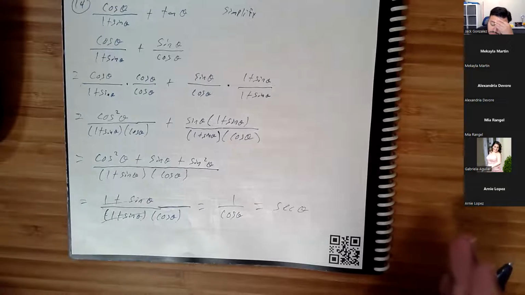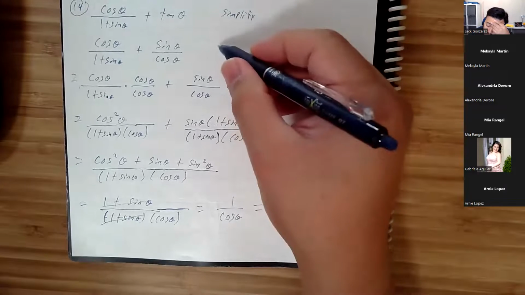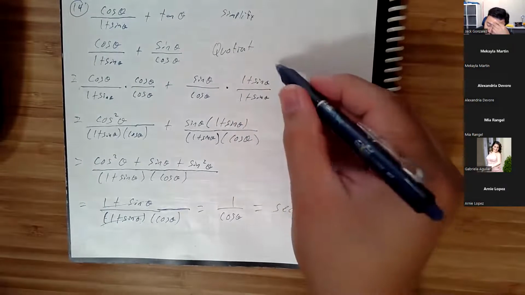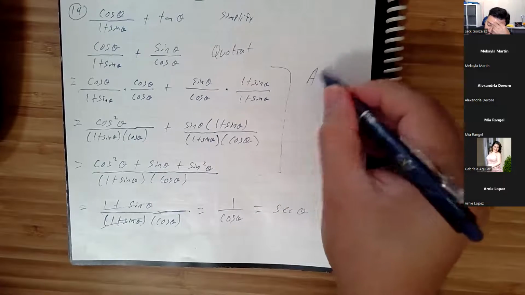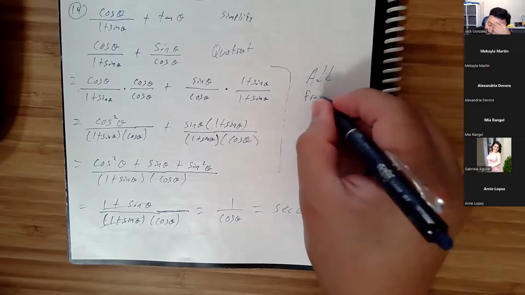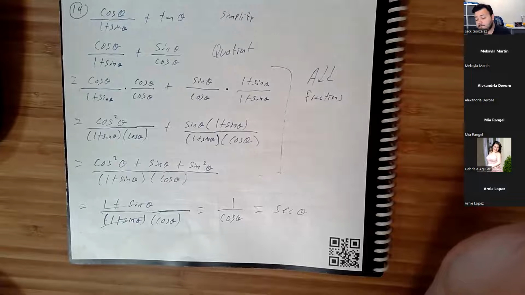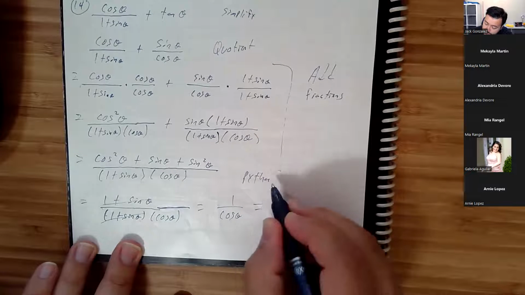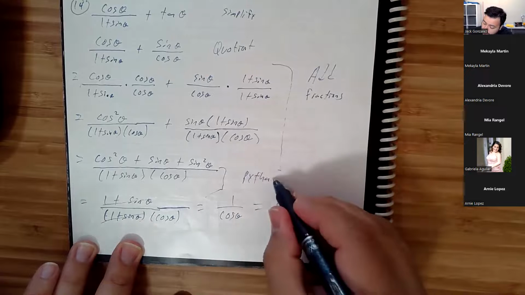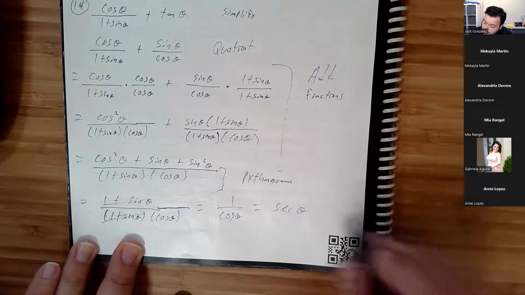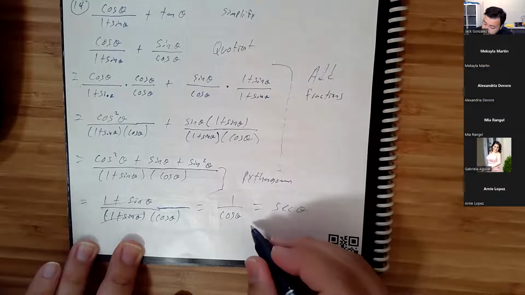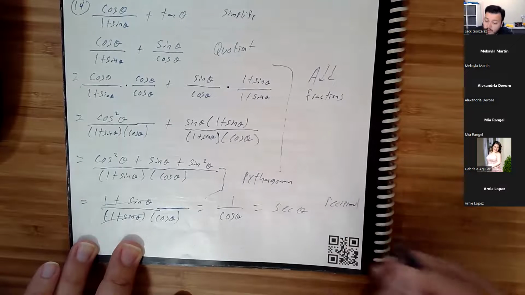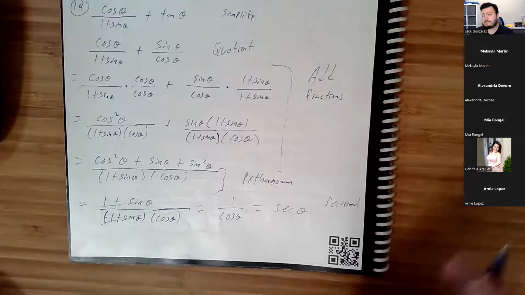Okay, so I didn't write the properties this time. Here we did quotient. Here we just add fractions. Pythagorean made this 1 right here. And then reciprocal at the end. Okay.